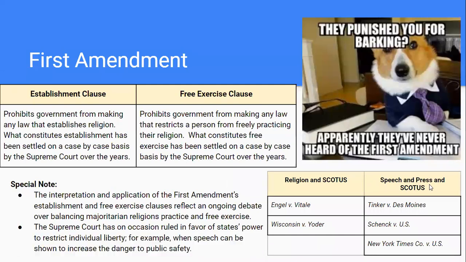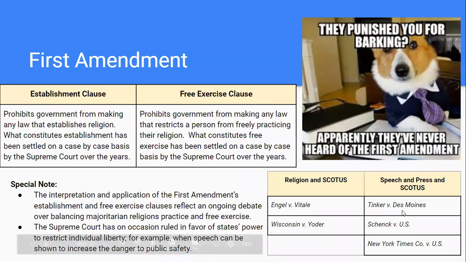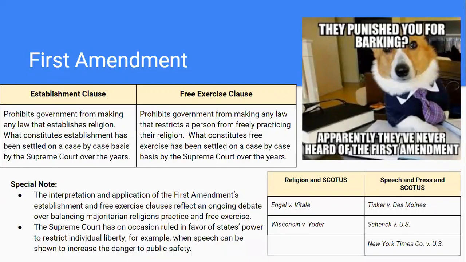The speech and press Supreme Court decisions: Tinker versus Des Moines, that is the freedom of expression, the wearing of armbands in school was protected speech. Schenck versus United States, this is one of the restrictions on speech. This is one of the cases in which the rights of the people are not upheld.